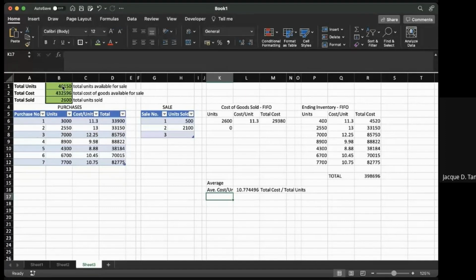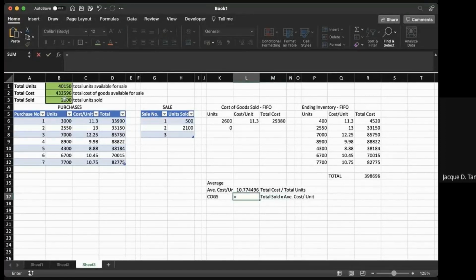And next, we compute now for our cost of goods sold. Your cost of goods sold is equal to your total sold multiplied by your average cost per unit. So we get the total sold, 2,600, multiplied by our average cost per unit. We got 28,013.69.